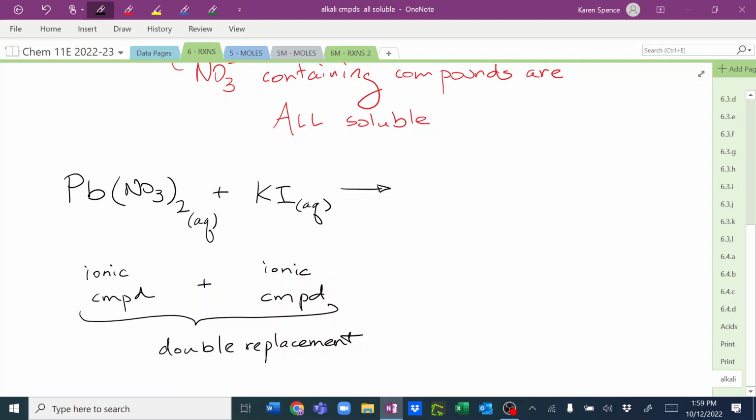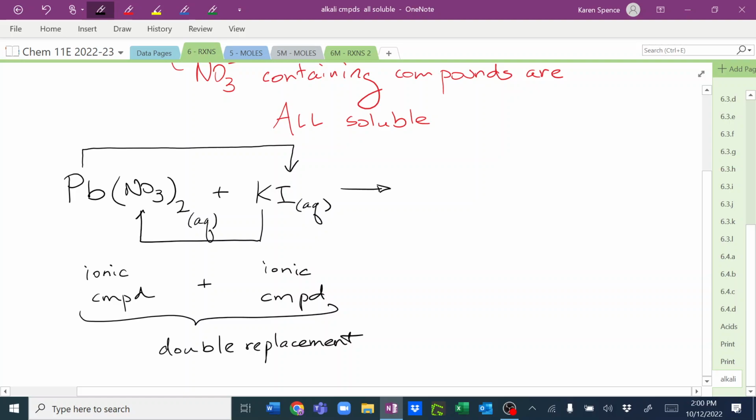One way to do it is to take your outside ions and combine them, and to take your inside ions and combine them. And I like to do it like that because then I always remember that my cation has to go first in the formula. So my question to you is, should my products look like this?